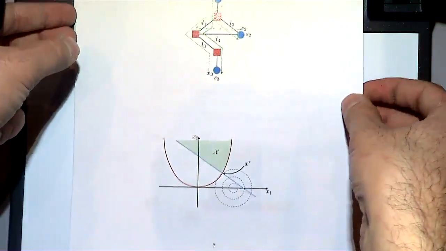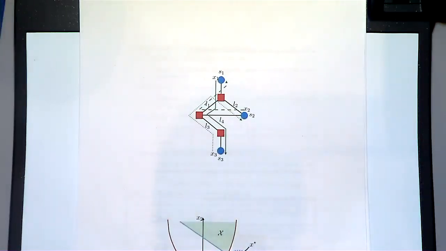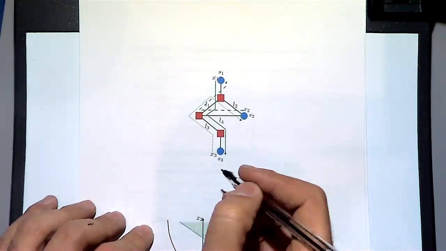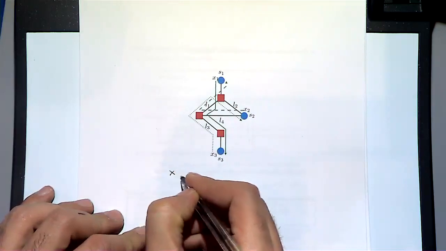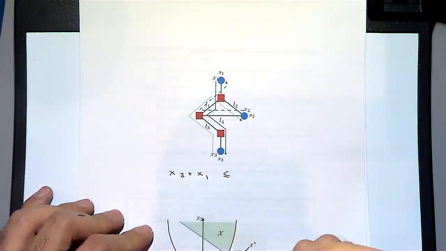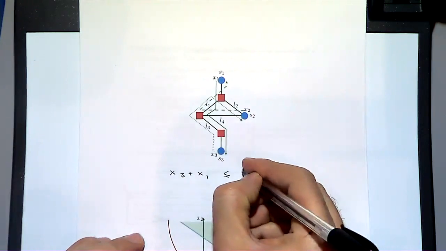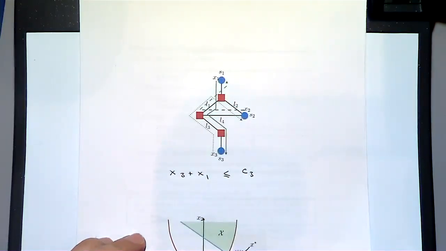Okay. So I should say x3 plus x1 should be less than, we use C to denote the capacity of a particular link, should be less than the capacity of link 3.